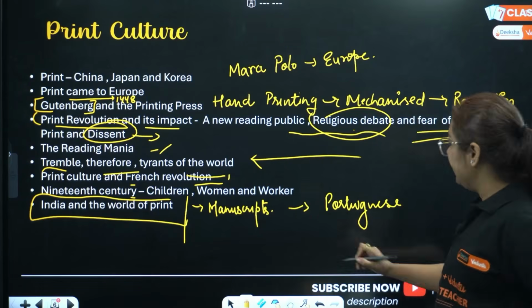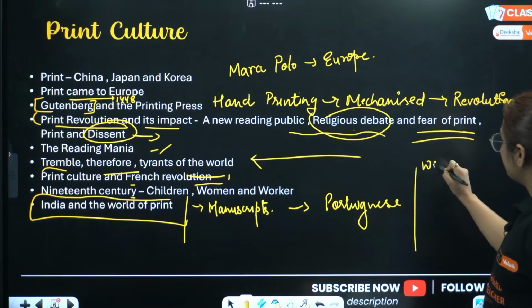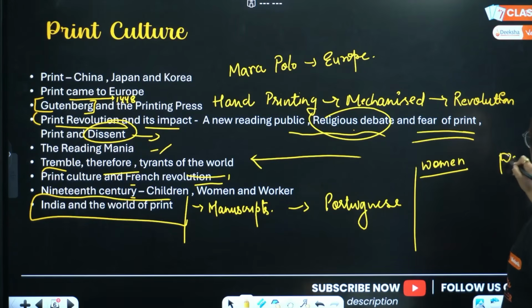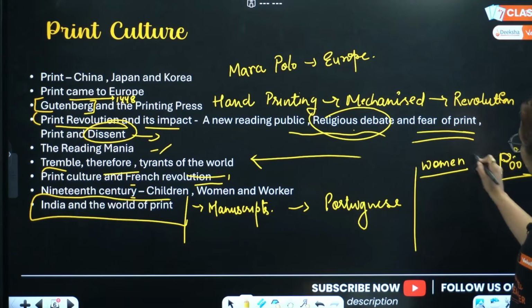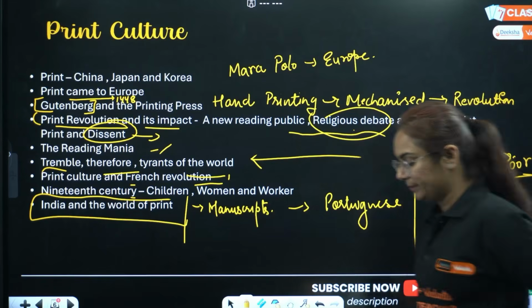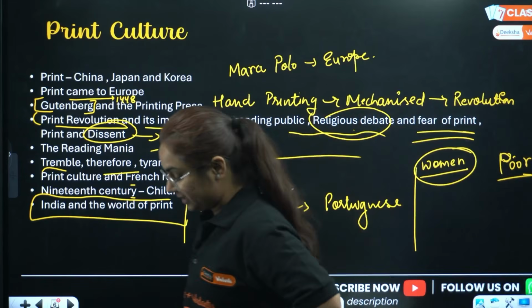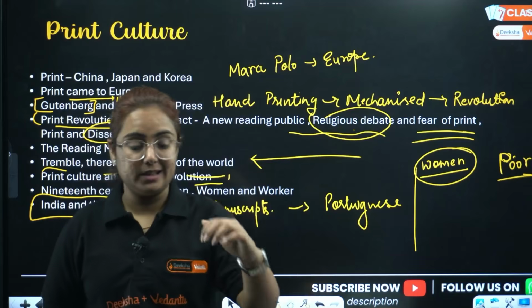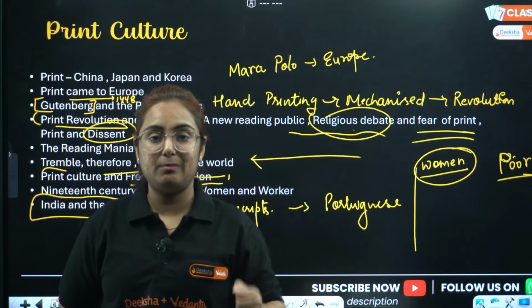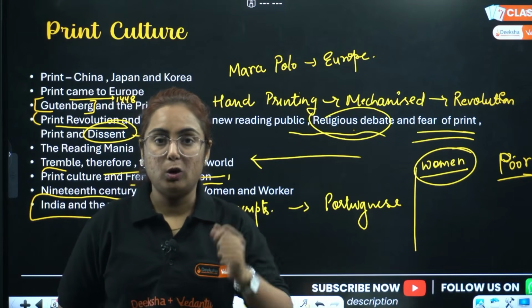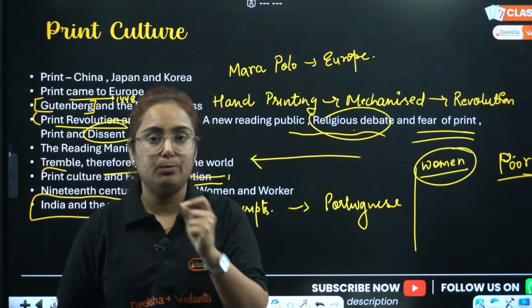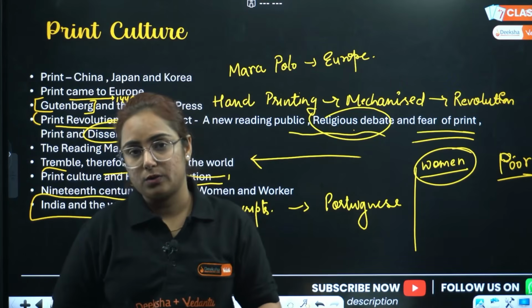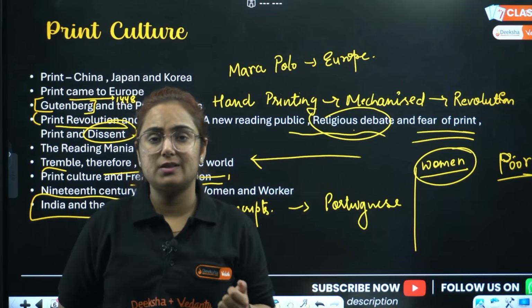Okay. The main and important topic, my dear students, is about women and the poor. The role of print in the life of women is very important. There are examples, like a conservative Muslim family that wanted their daughters to study in the Persian language. She wanted to study in the Urdu language, and this is how she started her studying.